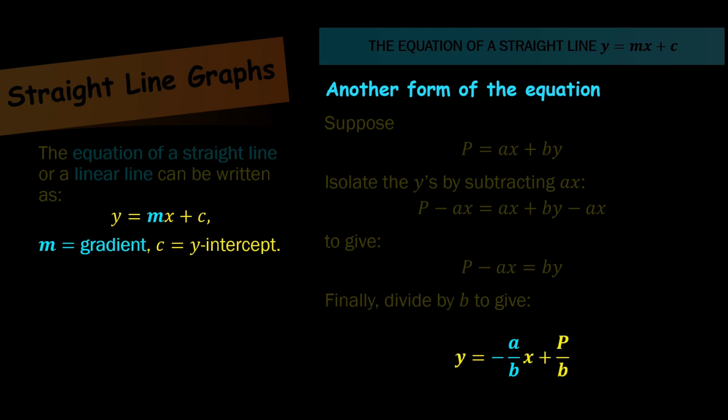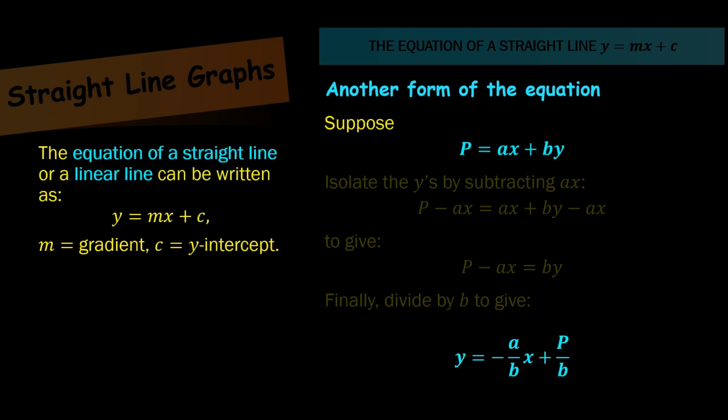And so now if we compare this to y equals mx plus c, we have that m equals minus a over b, and c equals p over b. And therefore we've shown that p equals ax plus by is equivalent to an equation of the form y equals mx plus c.